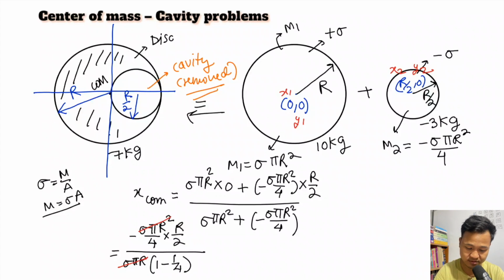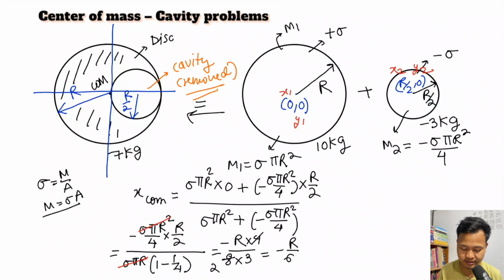Remaining I will have minus r by 8 divided by 1 minus 1 by 4, which is 3 by 4. So 4 goes up, and here 2 r 8, so this is minus r by 6. The final center of mass is on the negative x-axis. So now it is clear, the center of mass has shifted to this side. Somewhere here you will have minus r by 6 comma 0. So the COM is at minus r by 6 comma 0.